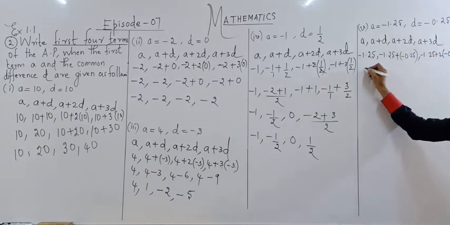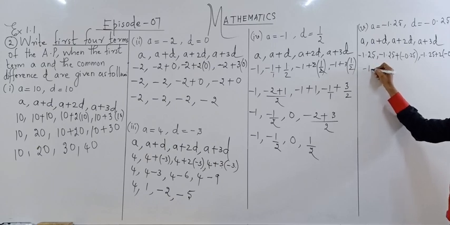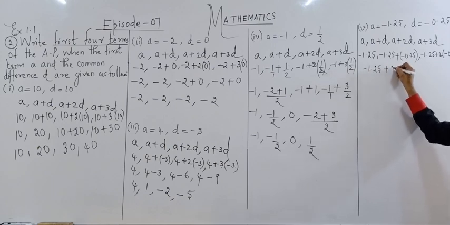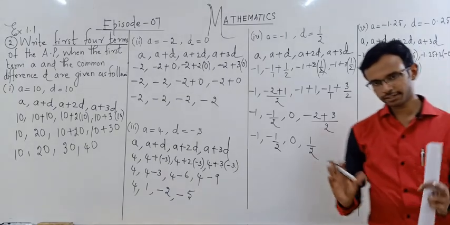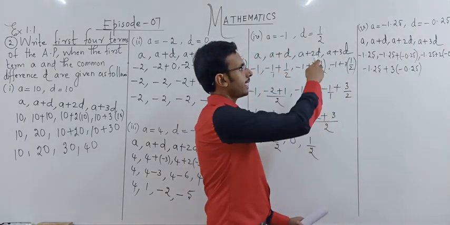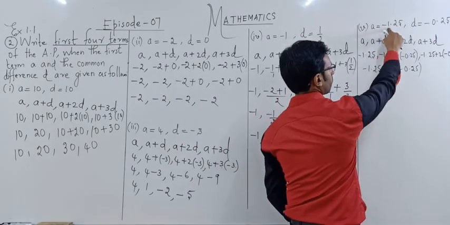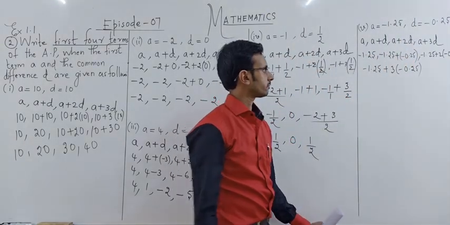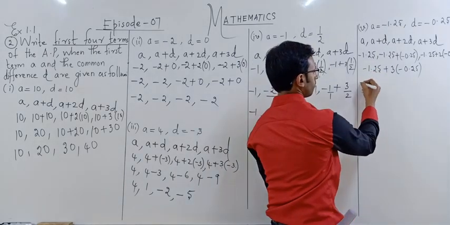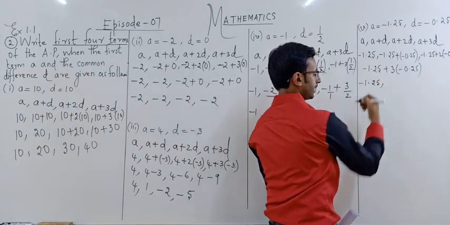And then the fourth term I am writing down here: minus 1.25 plus 3 into minus 0.25. So it is just replacement of the given values, a is minus 1.25 and d is minus 0.25.